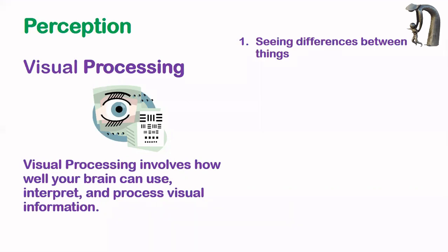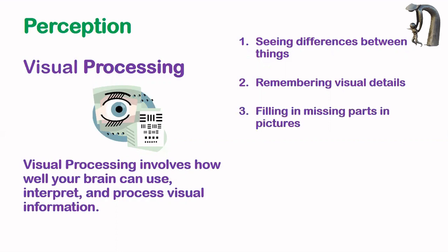In visual processing, you see the difference between things. When I give one picture, you need to see the difference. You remember the visual details of what I have shown, whether it was a picture, five-letter words, six-letter words, or a beautiful scene. That helps you remember; this is how your memory is connected.